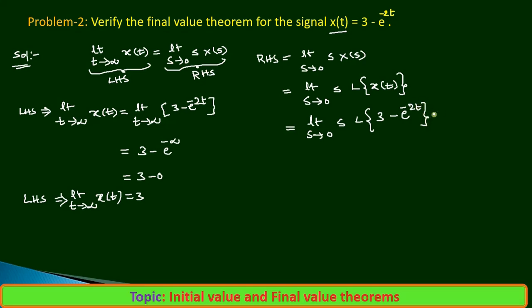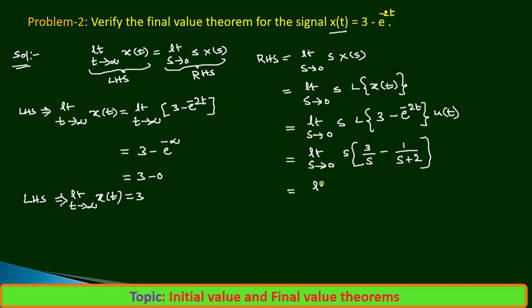This is a causal signal, so we can write it times u(t). So s times the Laplace transform of 3 u(t), which we write as 3 by s, minus the Laplace transform of e^(-at). It is in the form of e^(-at), so we can write 1 by s plus a, here s plus 2, since in the position of a we have 2.